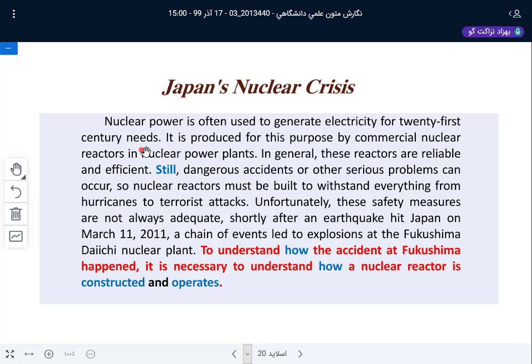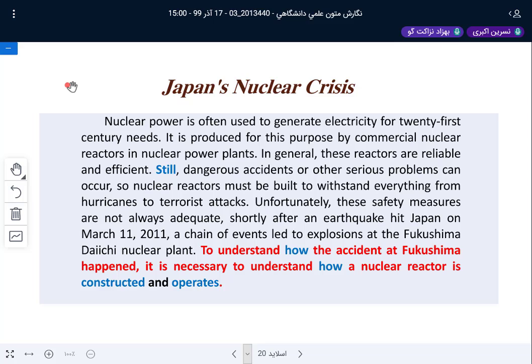Go on. It is produced for this purpose by commercial nuclear reactors in nuclear power plants. In general, these reactors are reliable and efficient.